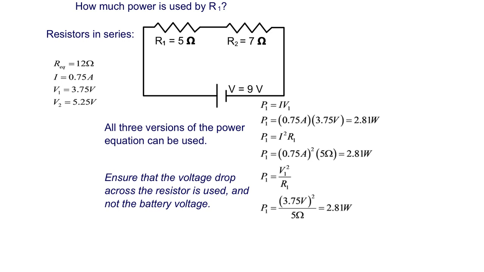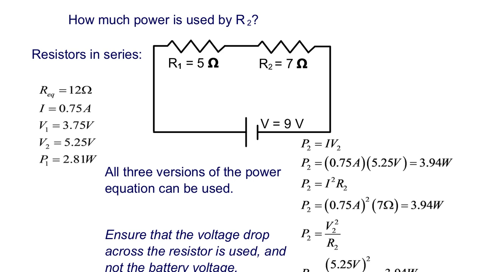Okay, so they did it. Be sure that the voltage drop across the resistor is used, not VT, when you're solving for P1. Okay?